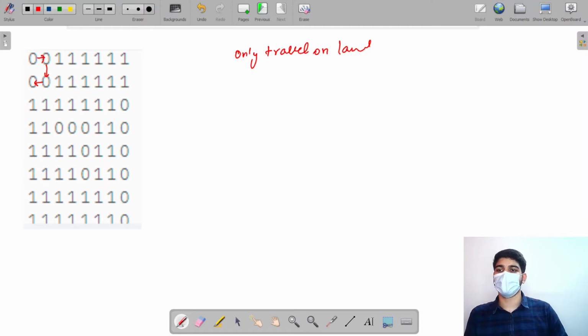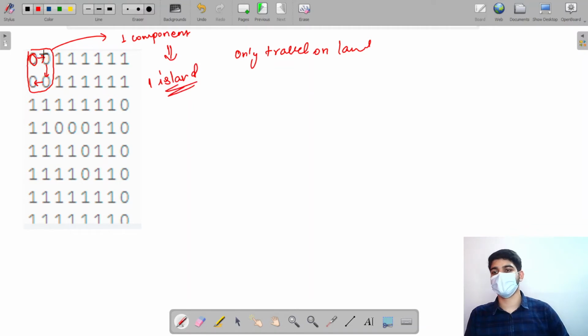That means I can only visit these four zeros if I start from this zero, and I have marked all of these zeros as visited. So this is my single component, and my one component corresponds to my one island.